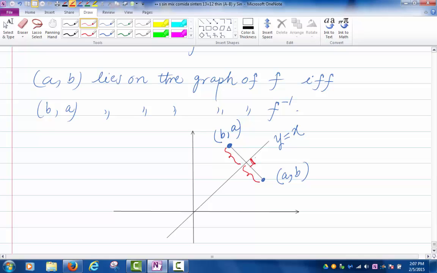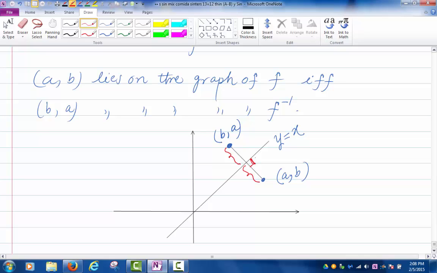Is everybody clear? So the point BA is basically the reflection of the point AB across the line y equals x. Yeah, that's what we did. We had AB, we switched to BA.